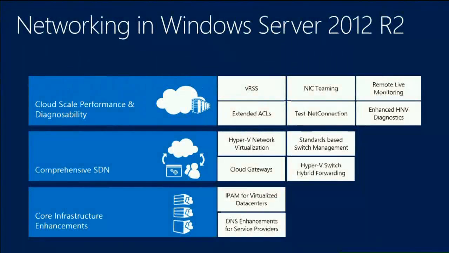So towards this end, we made three broad sets of investments. The first is around cloud scale performance and diagnosability. How can you get the kind of scale that a cloud environment demands while having diagnostics capabilities to be able to troubleshoot problems quickly when they happen? The second is a comprehensive SDN story. SDN has a lot of buzz about it, but sometimes even I get confused.